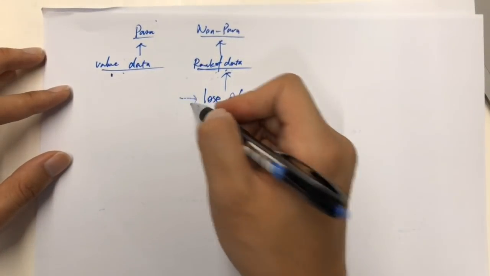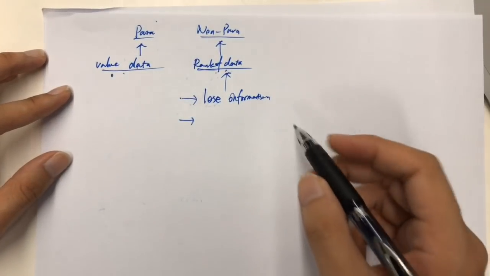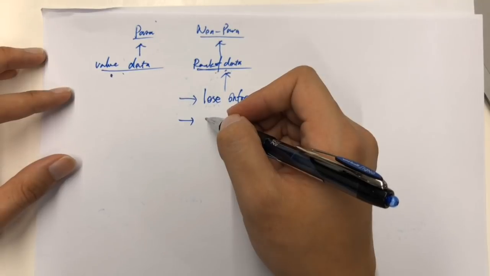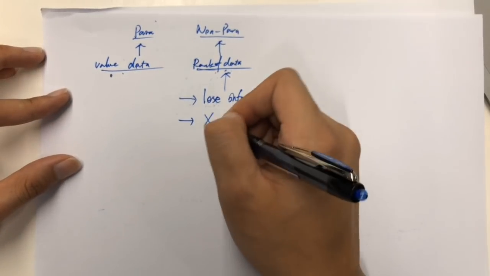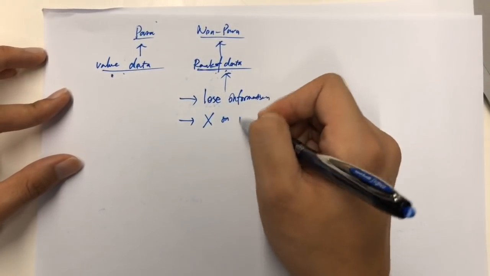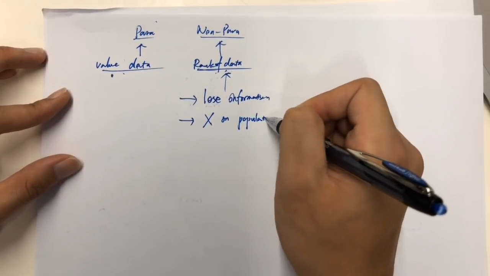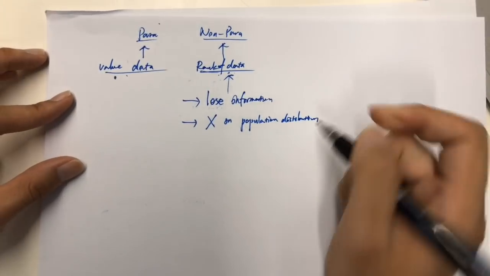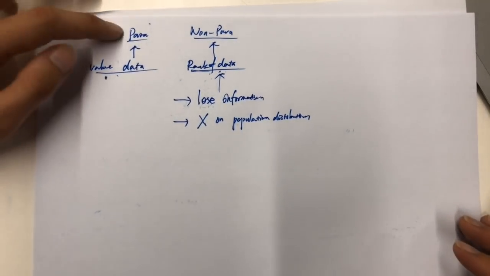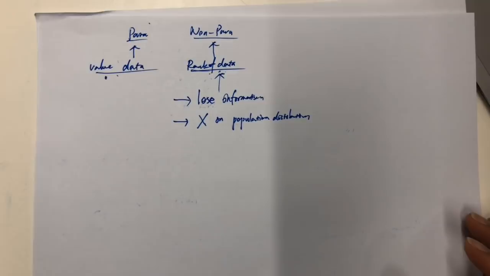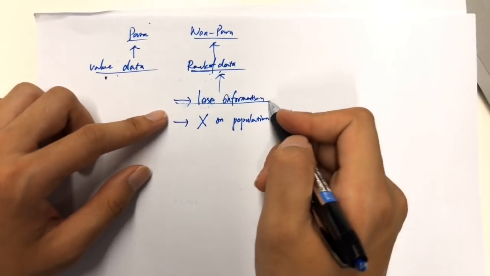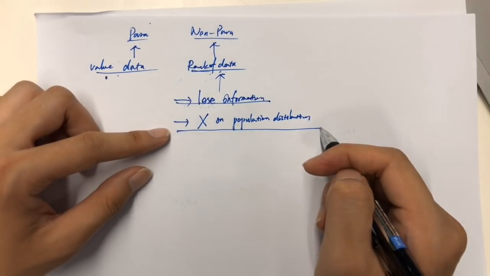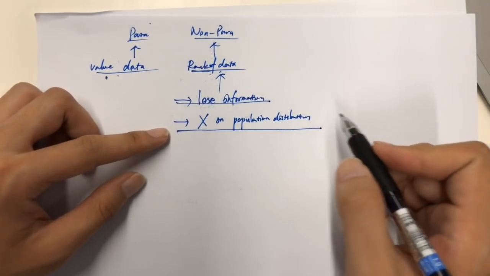But what is the benefit of using non-parametric tests? We do not need to assume any distributions, right? No requirement on population distribution. So we lose information, but the gain is that we do not need any assumptions on the population distribution.